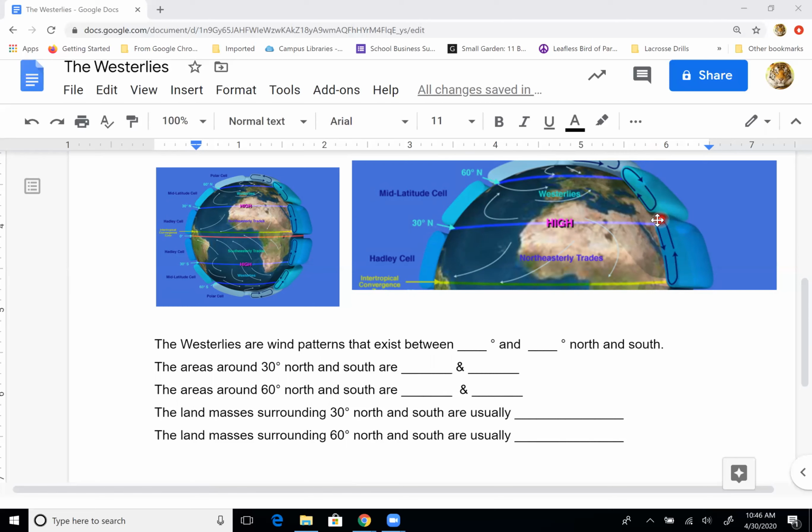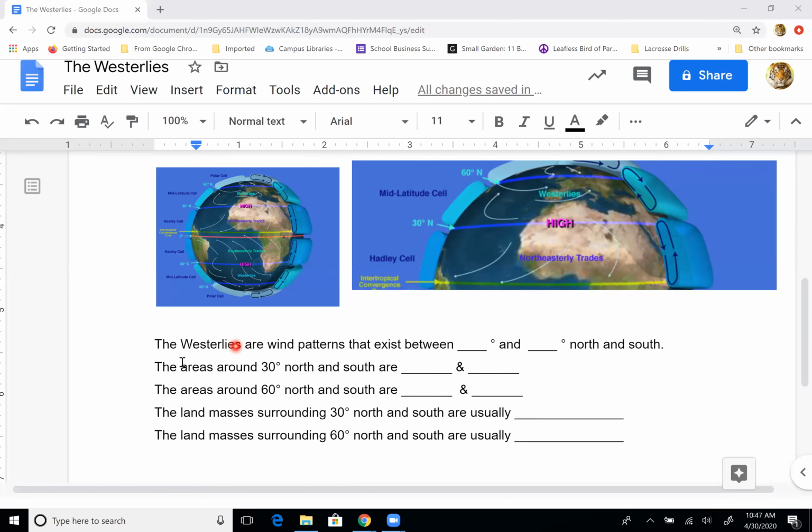Around 30 degrees latitude, the wind sweeps away moisture and takes it to 60 and to the equator. So you get an area that's warm, close to the equator, and the winds are taking away moisture. So you have a lot of desert areas in both the northern and southern hemisphere.